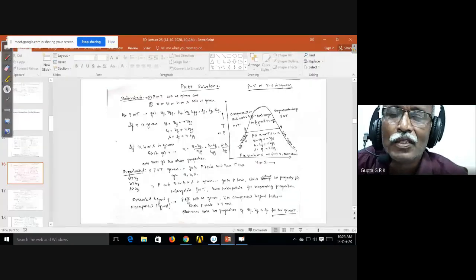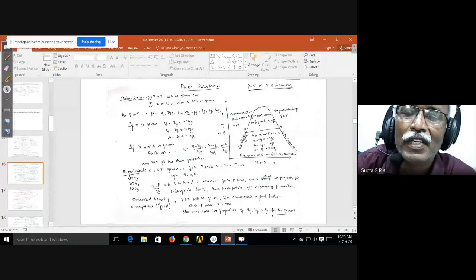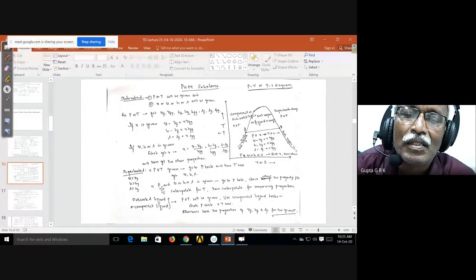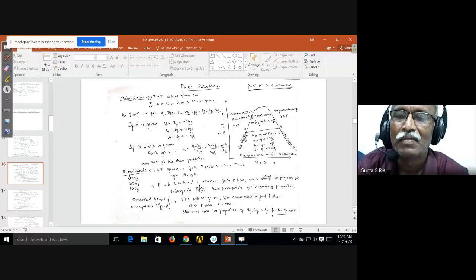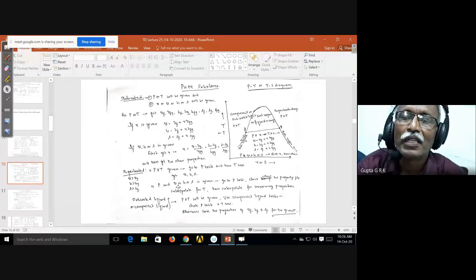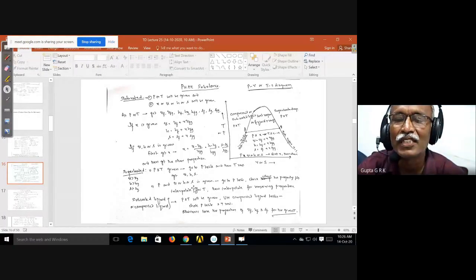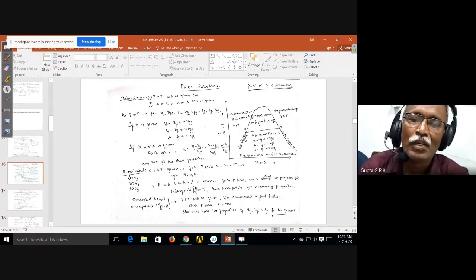Okay, so P is given, and other than the P, the other property V, H, or S is given. So go to P table, check where this particular V, H, or S lies. It lies between two properties. If it exactly matches, no problem. The other two properties can be taken at the same row.